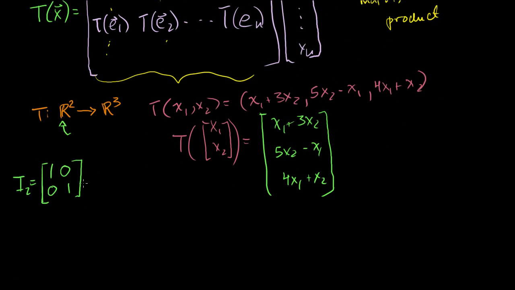But anyway, back to our attempt to represent this transformation as a matrix vector product. Our domain is in R2, so let's start with I2, our 2 by 2 identity matrix, and apply the transformation to each of its column vectors, where each column is a vector in the standard basis for R2.